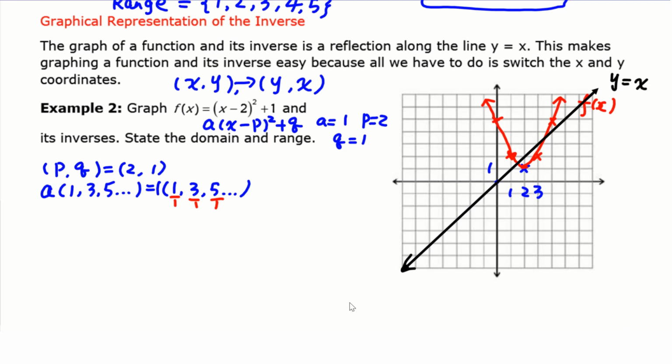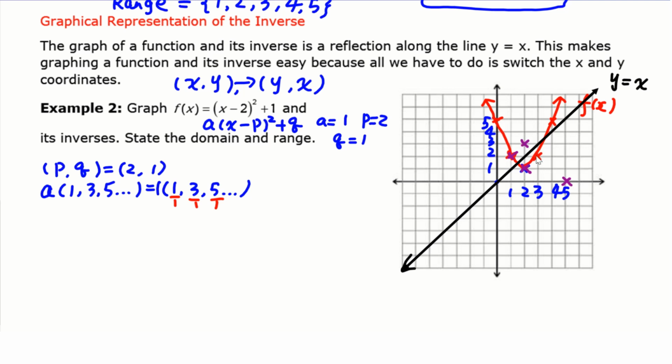Then for the new points for the inverse function, we are going to just flip all the xy coordinates of the original function. So this is 4, 5. Then we are going to flip them. This point 5, 0 becomes 0, 5. And this point 1, 2 becomes 2, 1. And this point 2, 1 becomes 1, 2. This point 3, 2 becomes 2, 3.